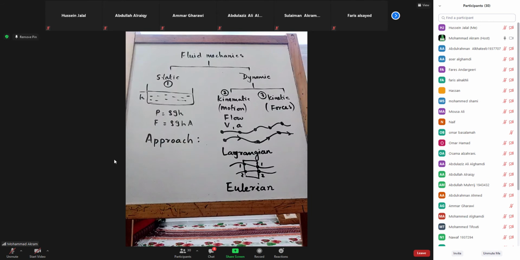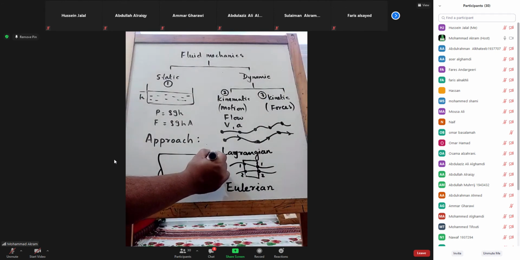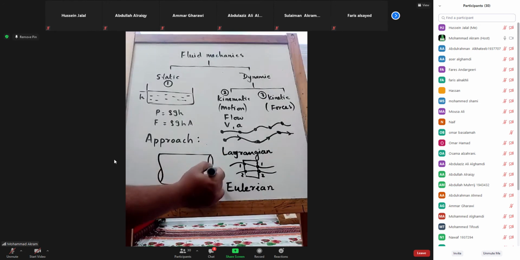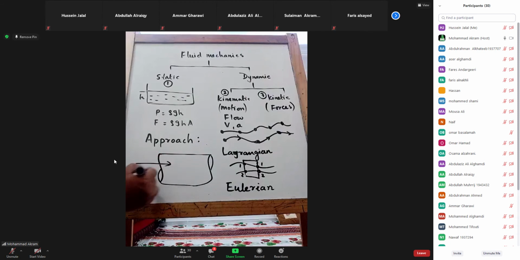So we will be focusing on the Eulerian approach. For example, if there is a pipe, and flow is coming in, if you are tracing this particle, then it is the Lagrangian approach.